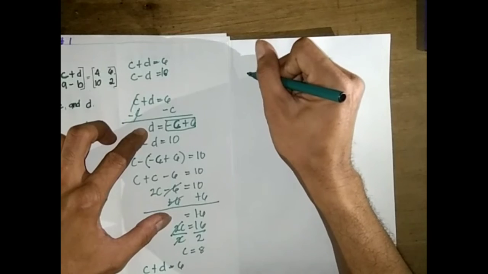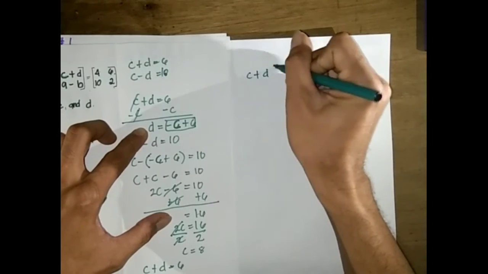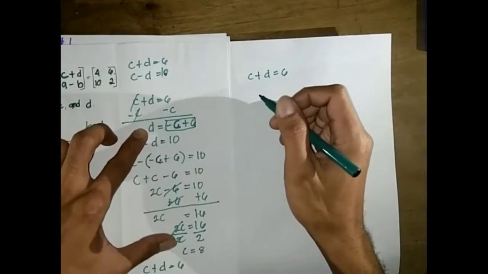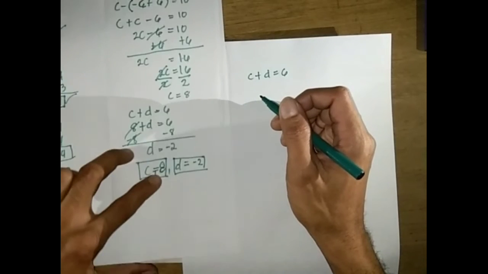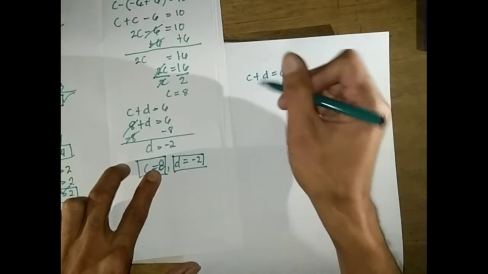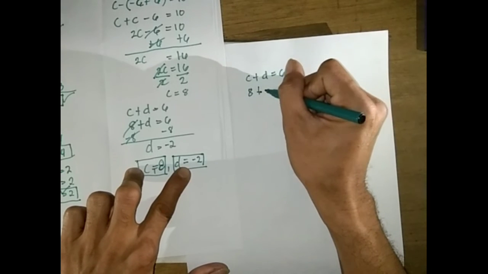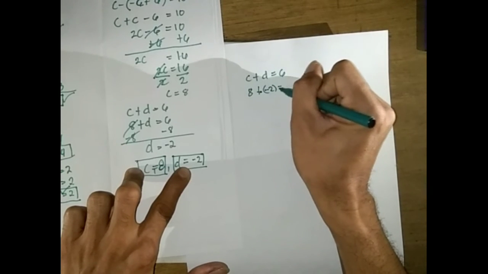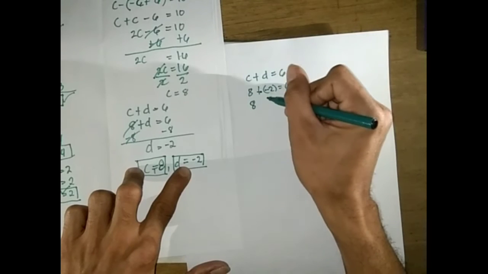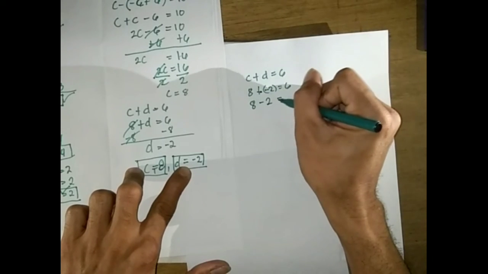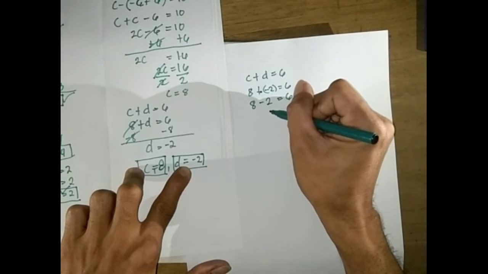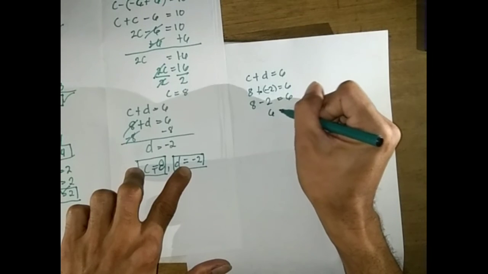So C plus D is equal to 6. Value of C is 8. The value of D is equal to negative 2. So 8 plus negative 2 is 6. So 8 minus 2 is equal to 6.